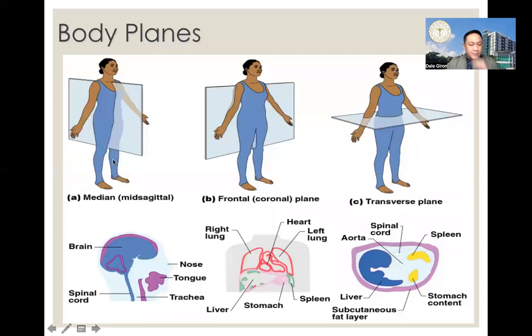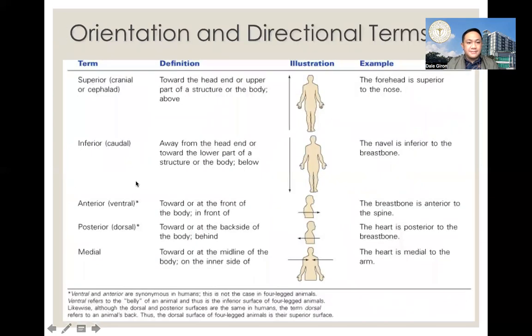Mid-sagittal or median, equal right and left. Frontal or coronal, dividing the front and the back. And we also have the transverse plane. We divide the body into upper and lower areas, also called superior and inferior areas. So these are the most commonly asked body planes in the human body.